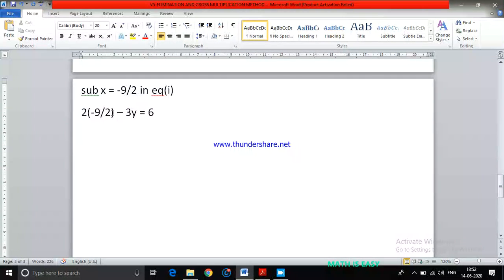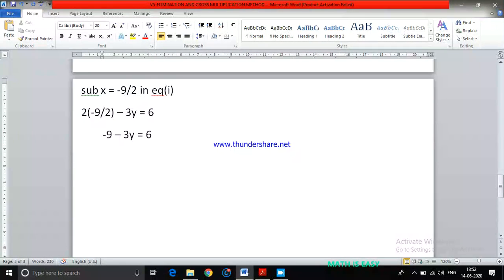Here you can see this denominator 2 and the coefficient 2 both will get cancelled. So I am left with minus 9 minus 3y equals 6.